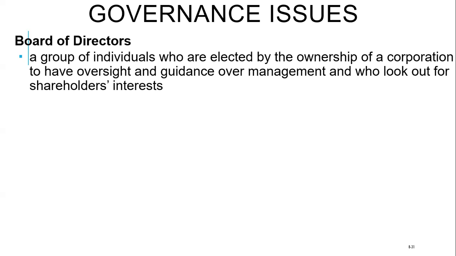And the last one is that they exercise a performance monitoring role by periodically evaluating management performance. So management is accountable to board of directors. And these board of directors monitor the performance of the CEO of a corporation, the senior management, and other upper echelon members of the organization.